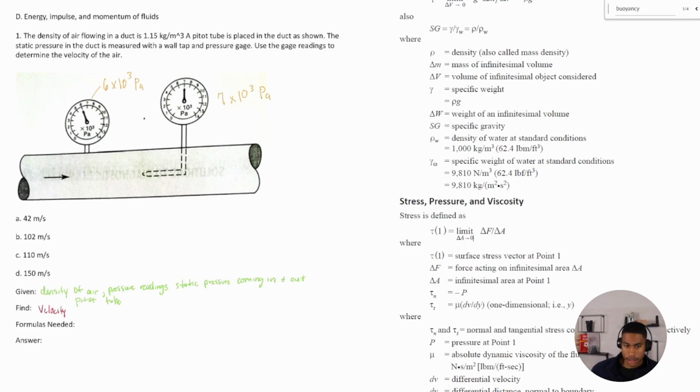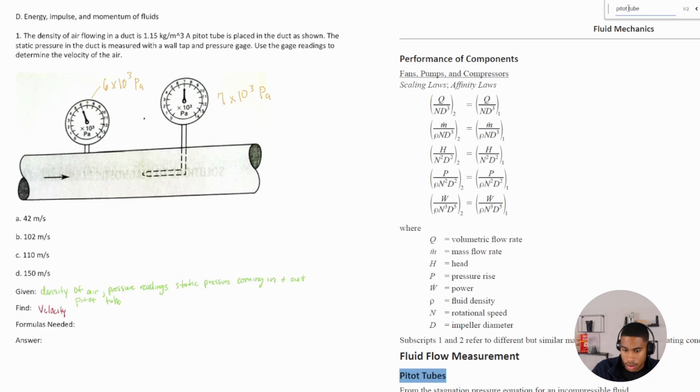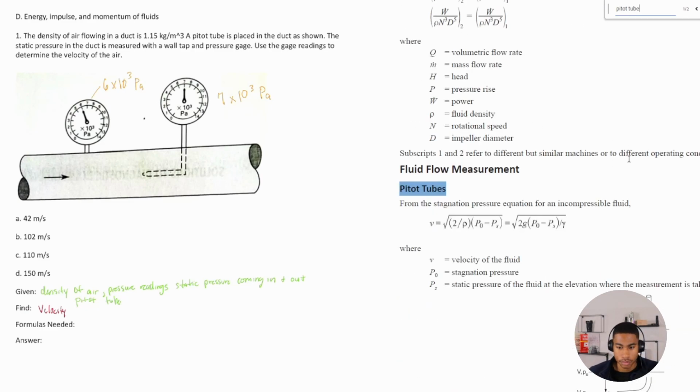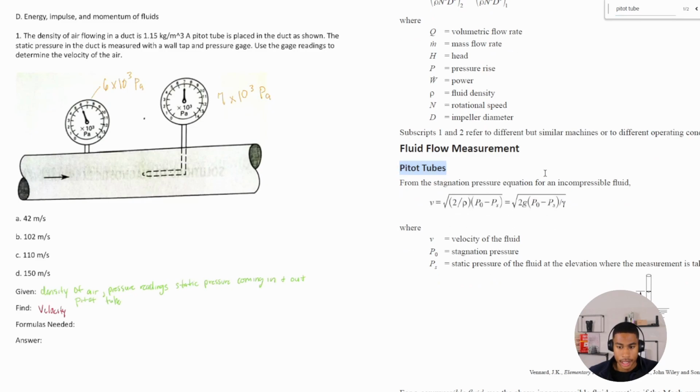All right, so let's start by just searching Pitot tube to see if we can find a formula that we can use. All right, Pitot tubes. Okay, so V is the velocity of the fluid.